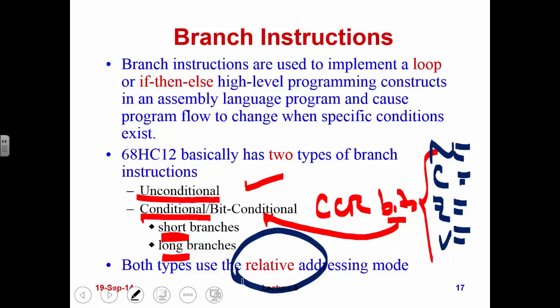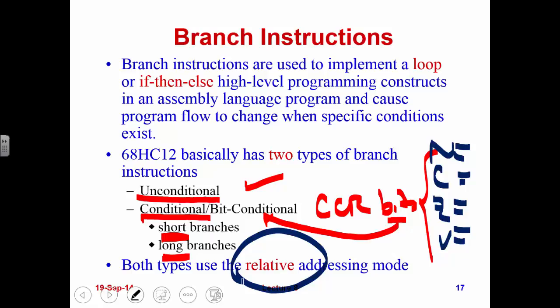You add this value to the current program counter value. That tells us a new location in memory where we should go to fetch the machine code of instructions. So it tells us the relative distance away from here.